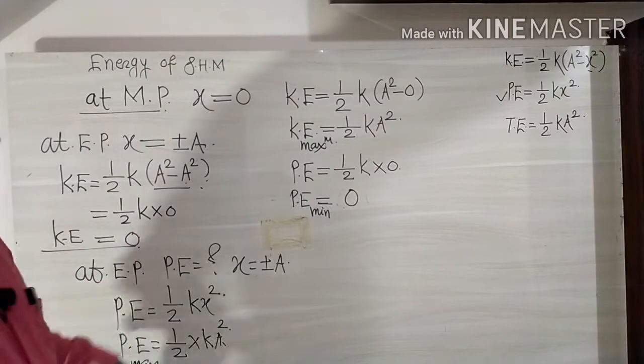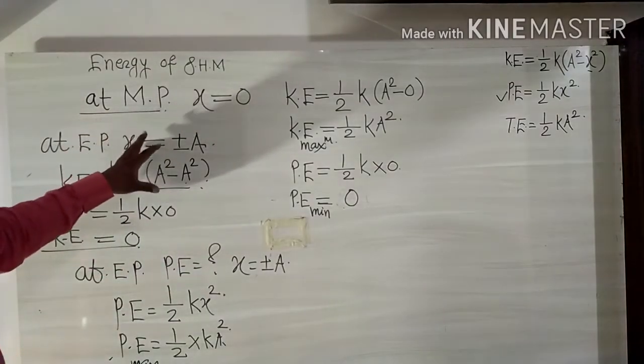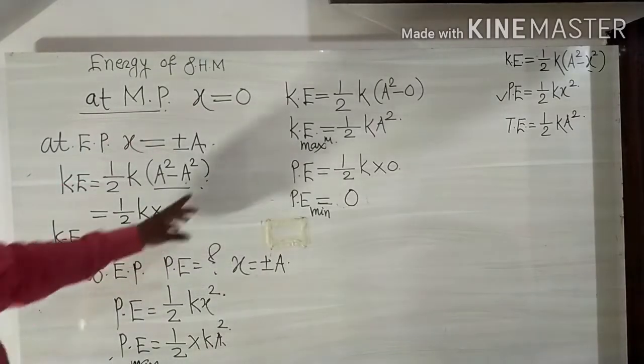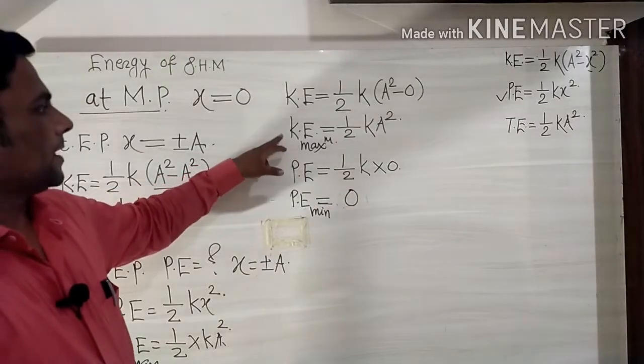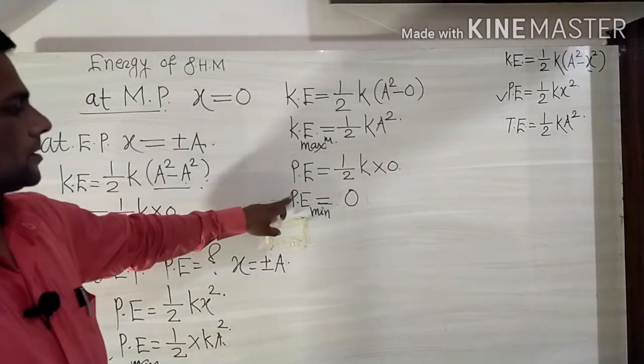By this illustration, we find out that kinetic energy is maximum at mean position and potential energy is 0.